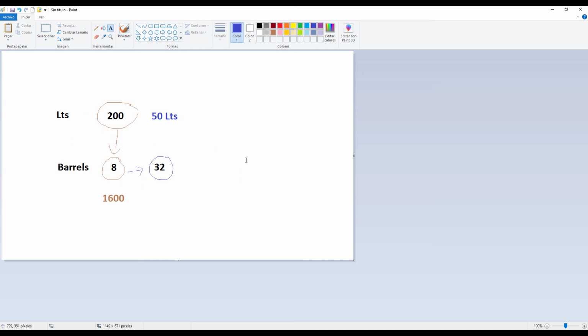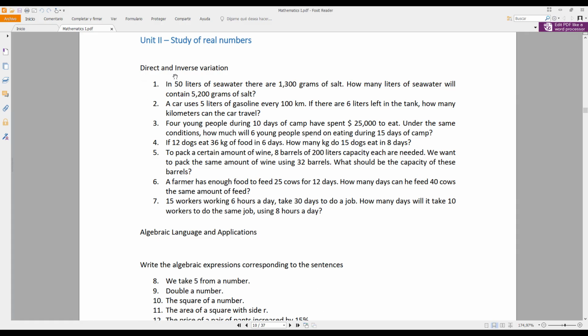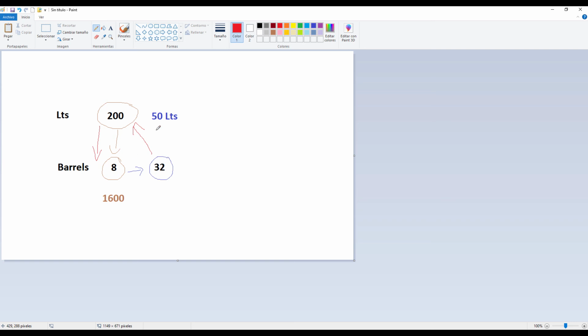If you use the simple rule of 3, you multiply here and divide here, but only if that kind of problem was a direct variation. But check here, it's not a direct variation, it's an inverse variation.